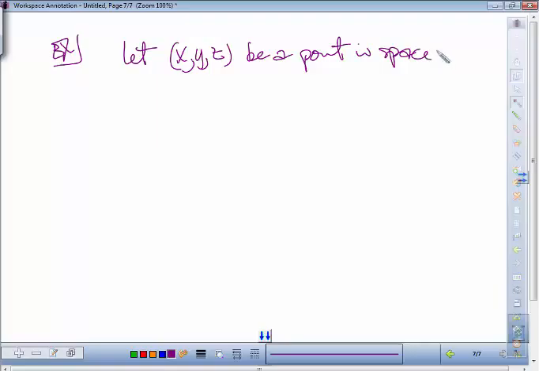So a point in space, let's say this room, and let's put a corner for the origin. Let's say this corner is the origin, right? The bottom corner. So this is x, this is y, and z goes straight up. So this is the corner of the room.